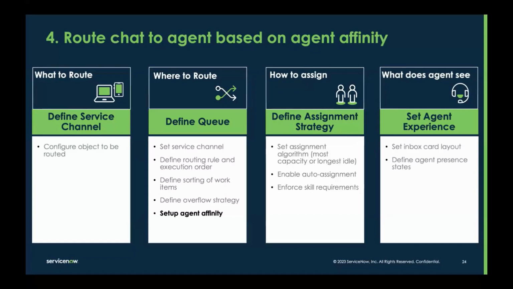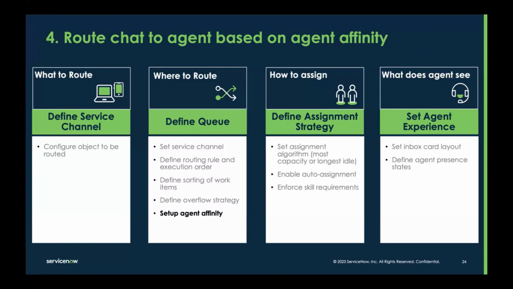So you can prioritize that specific agent over other agents for assignment. The third flavor of affinity is account team responsibility, where if you have a named account personnel for a high value account, you can prioritize that agent over any other agent for making the assignment.